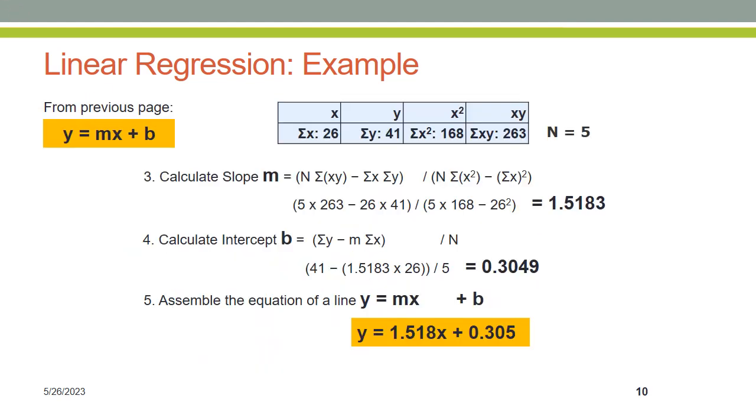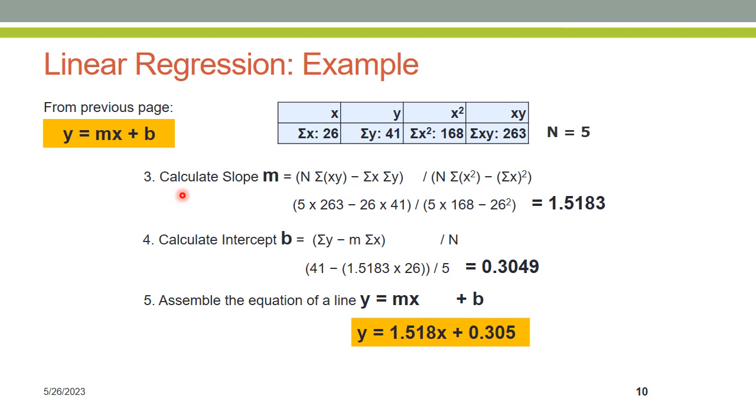From our previous page, we remember that we are looking for y equals mx plus b. We have these values calculated that we need in order to calculate our slope, our intercept, and then assemble our entire equation. And we also know that our n, the number of data points that we have, is 5. So first we're going to calculate our slope m.